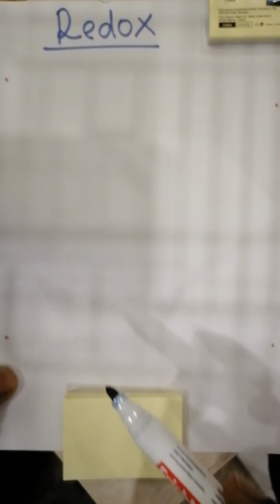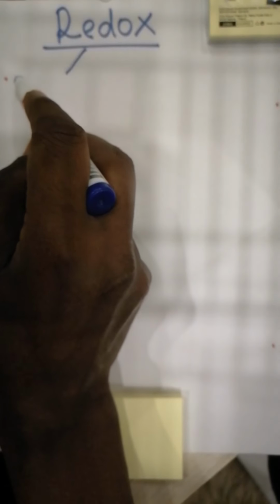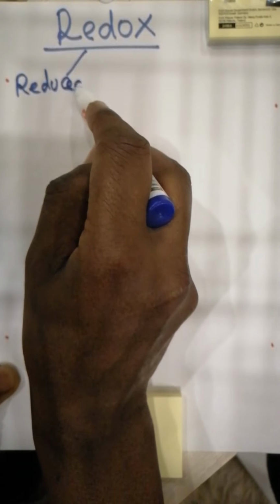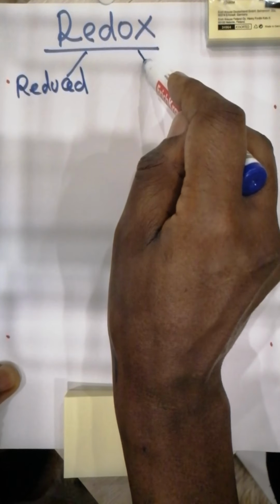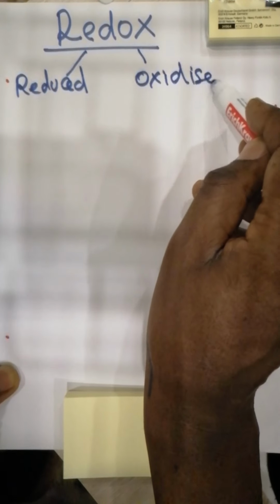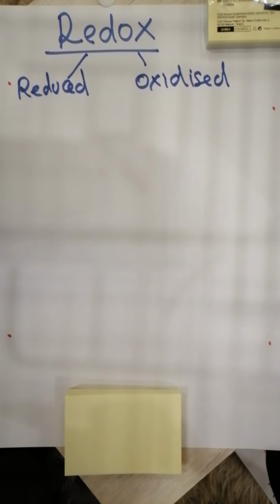So a redox reaction is defined as a reaction whereby one component is reduced while the other component is oxidized. So a reaction where one component is reduced and the other component is oxidized.